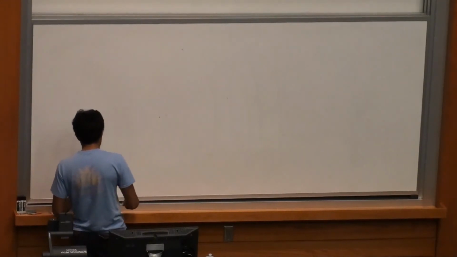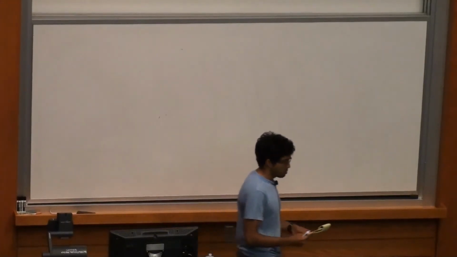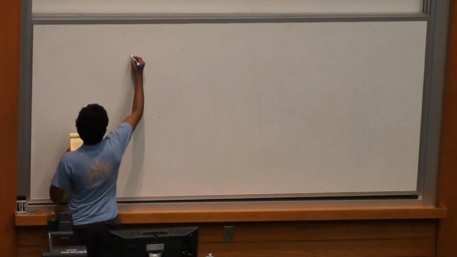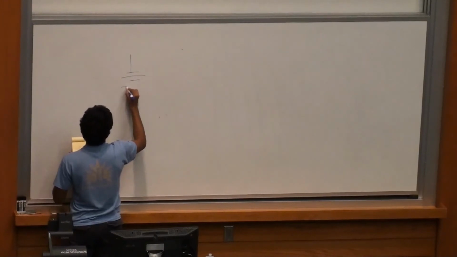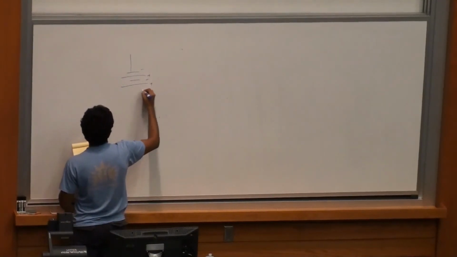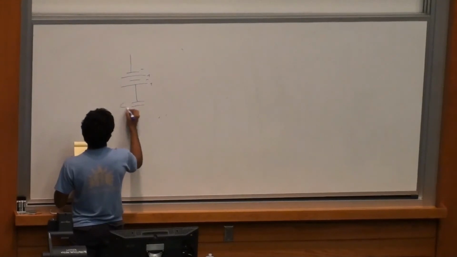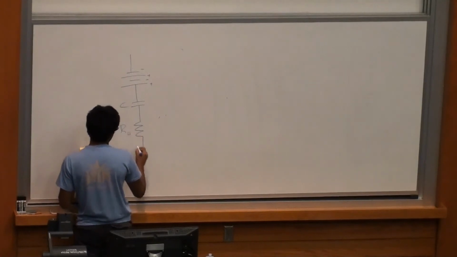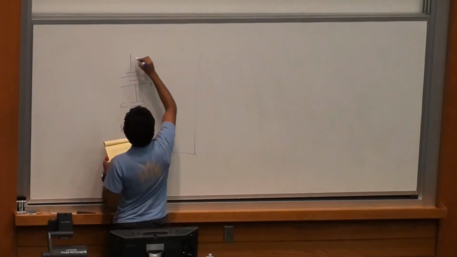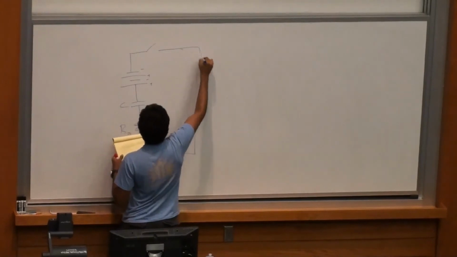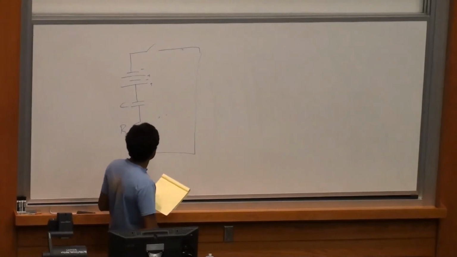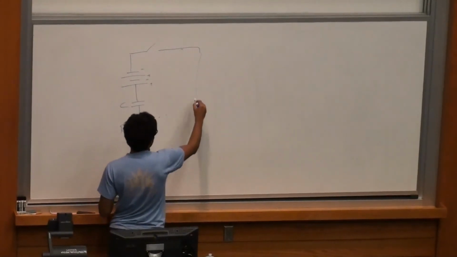It gives you an RC circuit, a capacitor and resistor with a battery and a switch. So you have something like this: minus, plus, some capacitor here, resistor here, goes in, switches there. Obviously when I close the switch, current's going to flow this way.